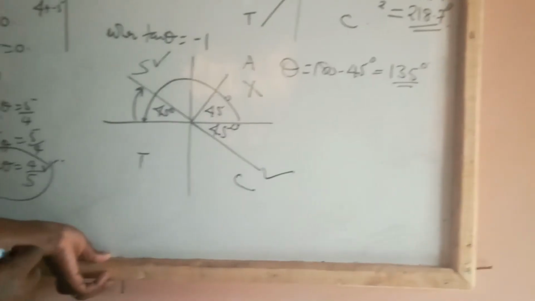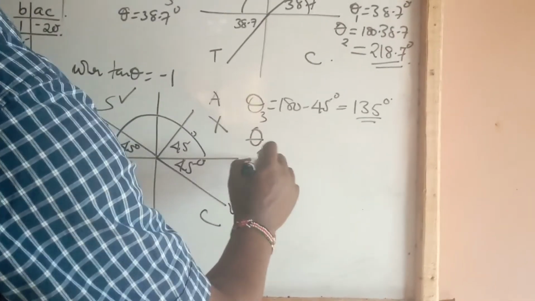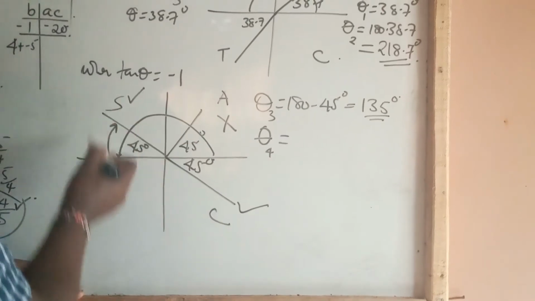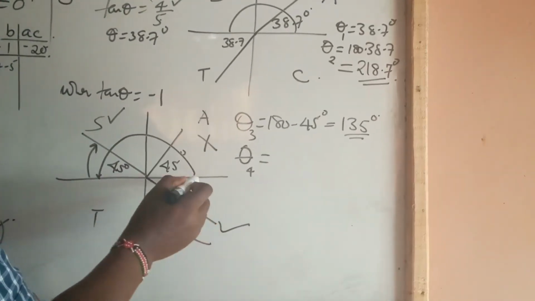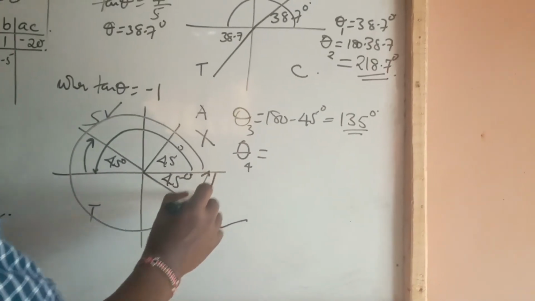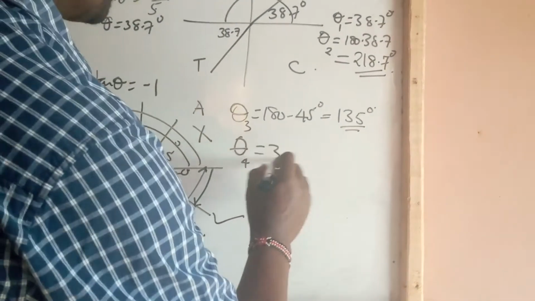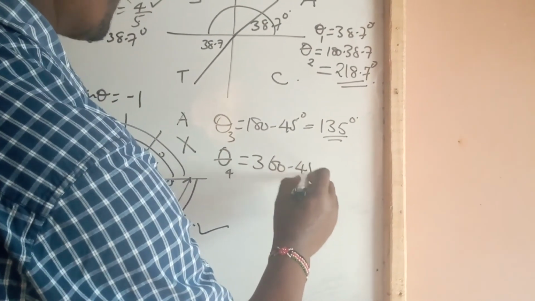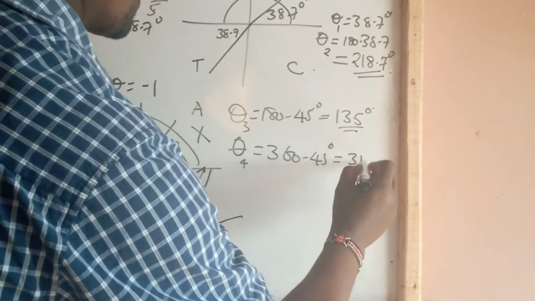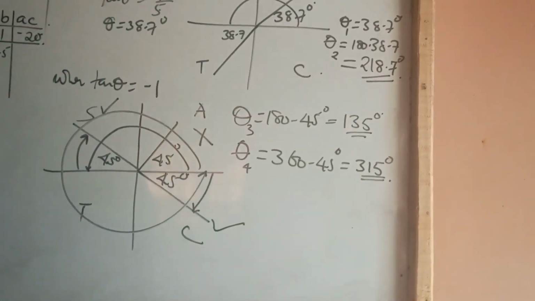At the same time, this could be theta 3. We are going to talk about theta 4, which is 360 minus 45 degrees, which is 315 degrees.